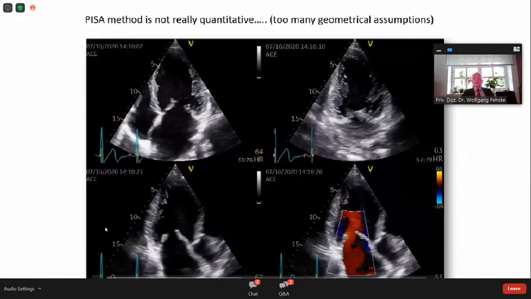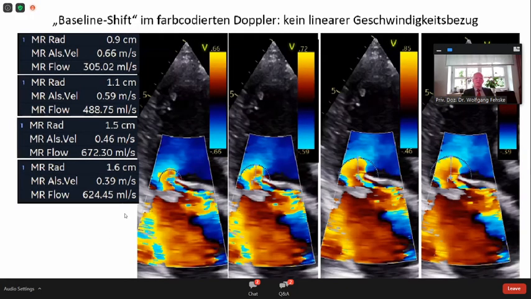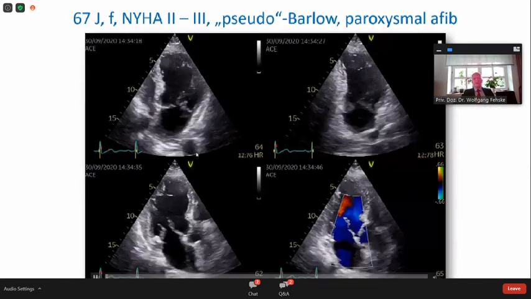By the way, I never use the zero shift, because what you see here is representative of what you do with zero shift. You are not linearly increasing only the size of the Nyquist limit, you are also changing the amount of backflowing blood. So this is not really serious for taking the PISA method for quantification of regurgitant flow.